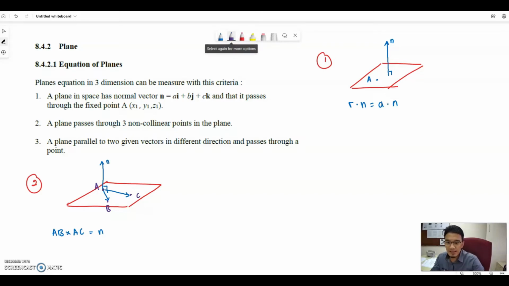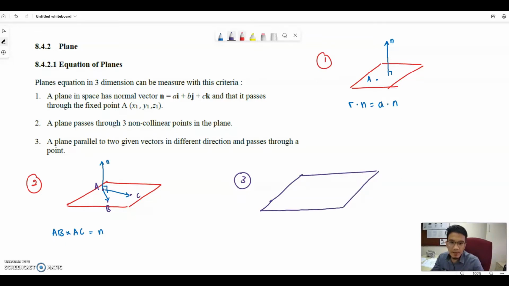Then criteria number three: a plane parallel to two given vectors in different directions and passes through a point. It means we have a plane and two different vectors moving on the surface of the plane.